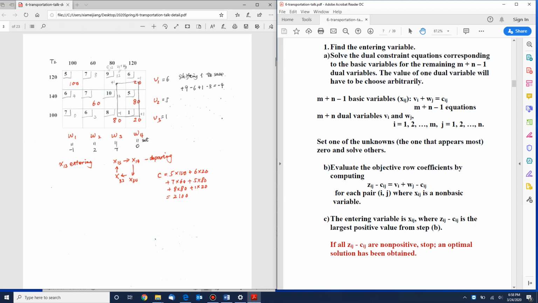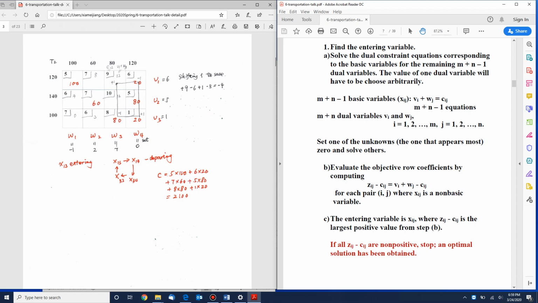So in this way, x13 is the entering variable. And when x13 is the entering variable, you plus 1 there. And then you could go down. I increase 1 here, and then I decrease 1 from the other basic variable along the column.